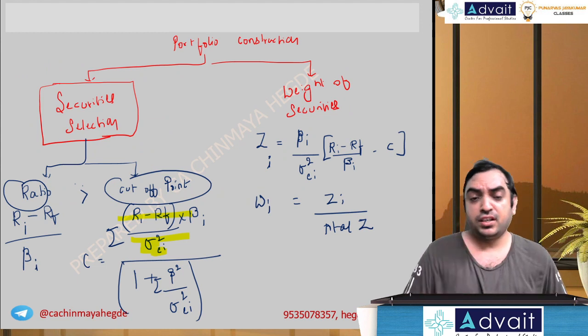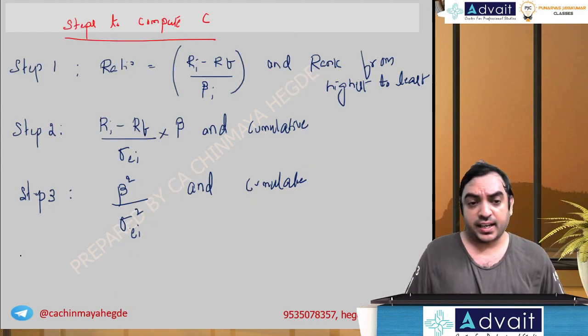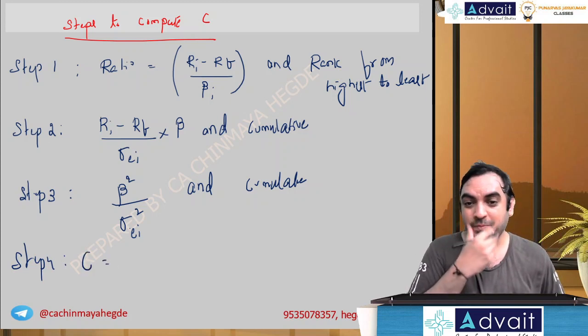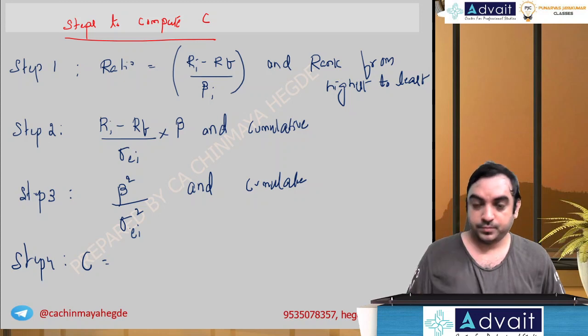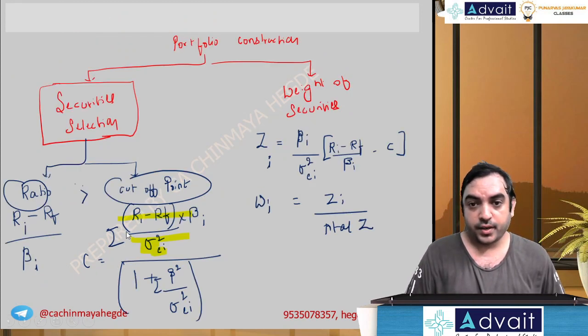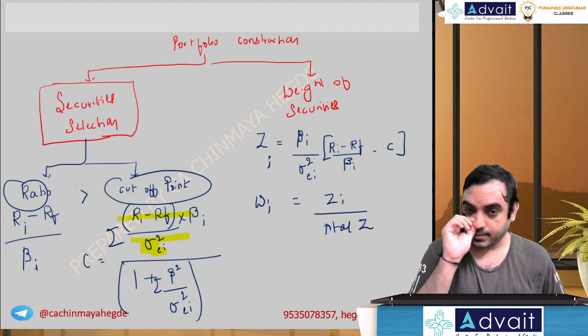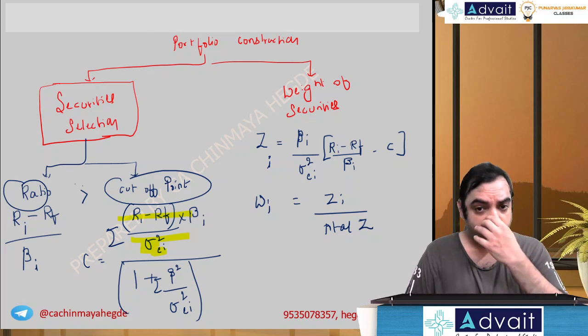Then I'll be using the cutoff point the way I've calculated. Let us write step 4, cutoff point C will be calculated by what we calculated in step 2 in the numerator. Oh, this is step 2 multiplied by market variance. I did not explain one thing actually.